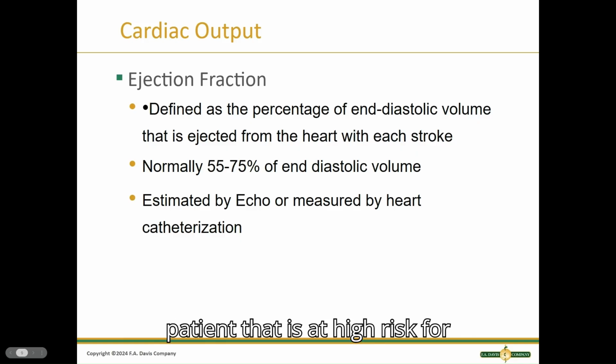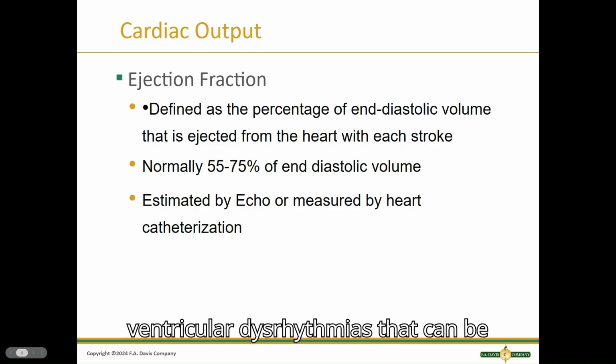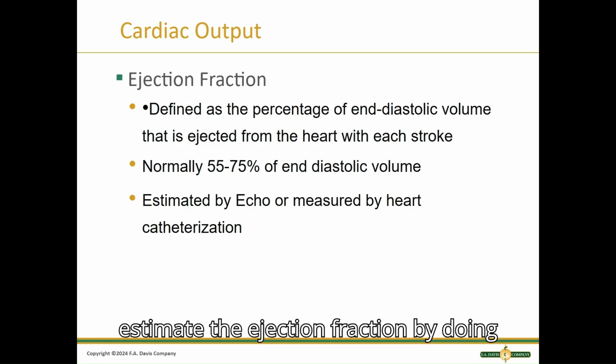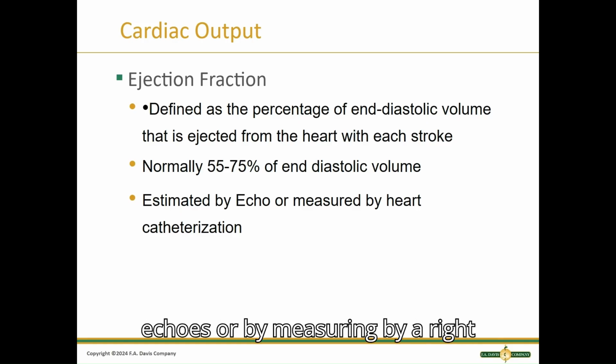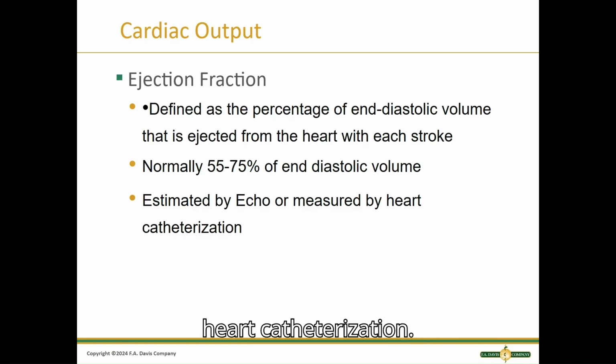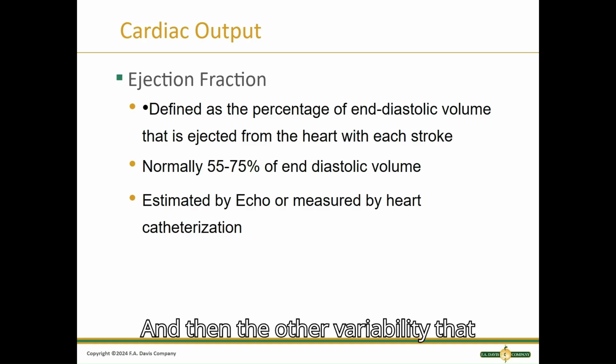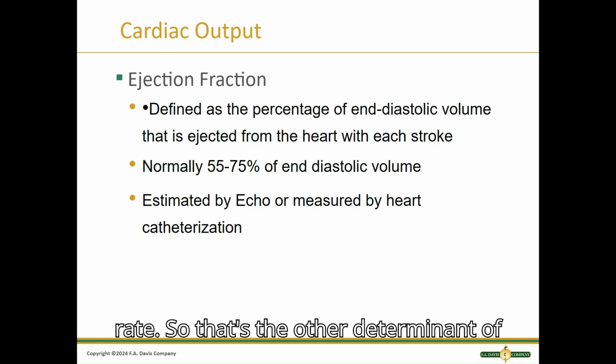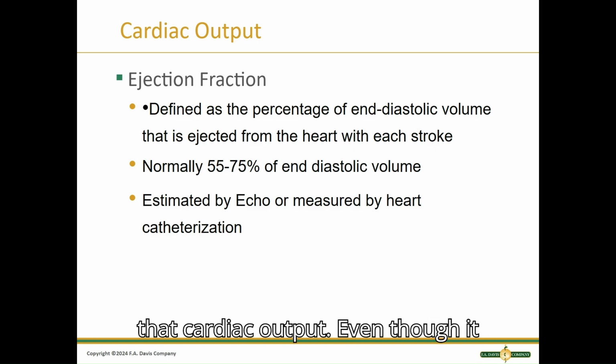Your ejection fraction. This is defined as the percentage of the end diastolic volume that is ejected from the heart with each stroke or each beat. Typically, a normal ejection fraction, or EF, is 55 to 75% of that end diastolic volume. Anything lower than that is going to show weakness to those muscle fibers and that contraction.